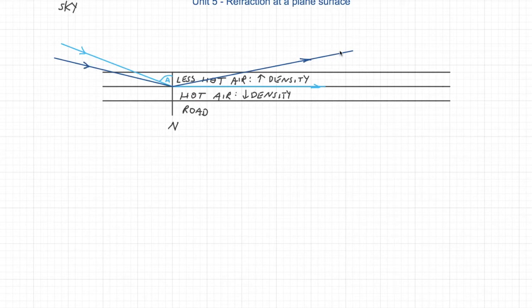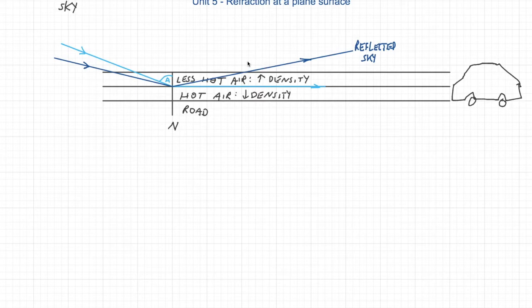And so when you're driving, what you're seeing is not a wet spot. You're seeing a reflection of the sky in the road. As you're driving down the road, you see this wet spot far down the road.